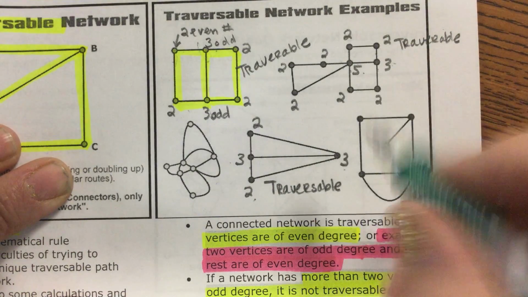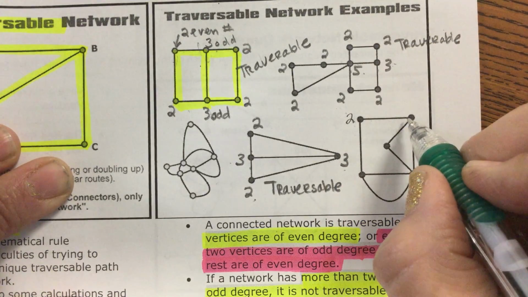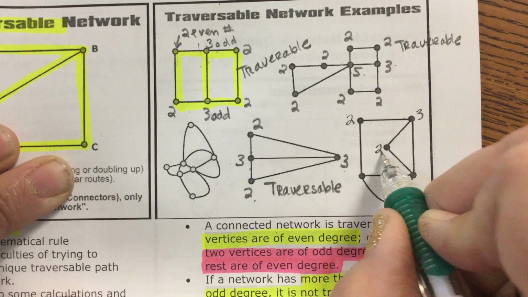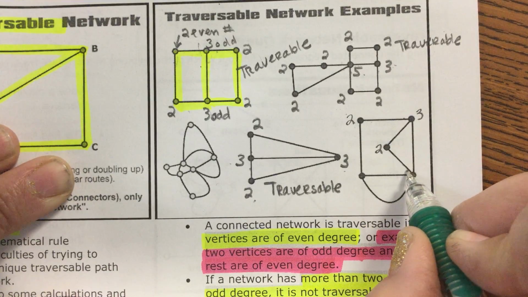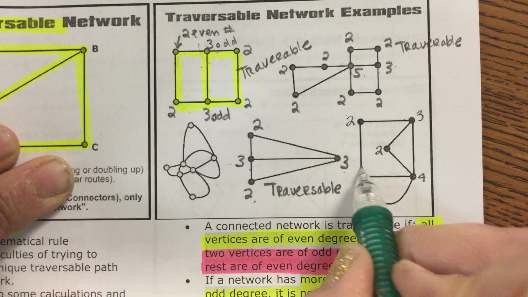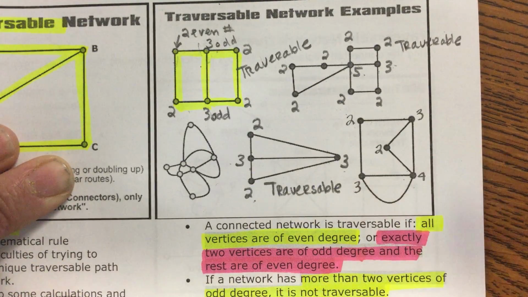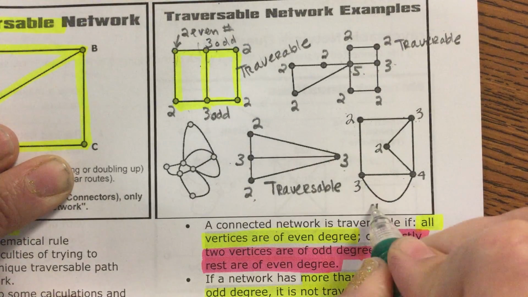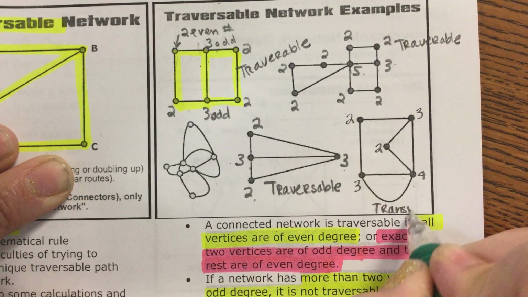This one has 2, that makes it even. 1, 2, 3, this one would be odd. Even. 1, 2, 3, 4, even. 1, 2, 3, this one's odd. It has exactly 2 odds, the rest are even, so this one would be traversable.